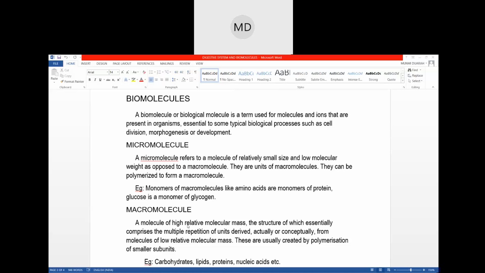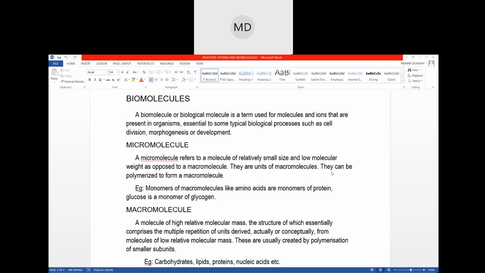Micromolecules are monomers, the single units of macromolecules, and macromolecules are polymers. Macromolecules are made up of micromolecules. When micromolecules come together, they form a macromolecule.